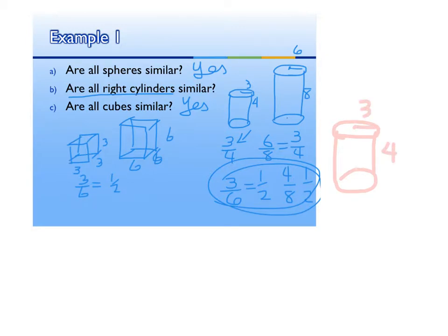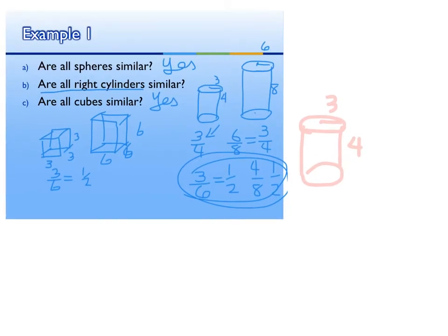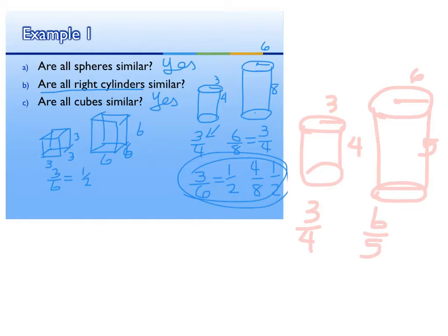But my second cylinder that I'm going to compare it with, I'm going to keep the radius 6, but I'm going to change the height to 5. So now when I go to compare my ratios, 3 to 4 for radius to height, and then 6 to 5, we can see that they're not the same.